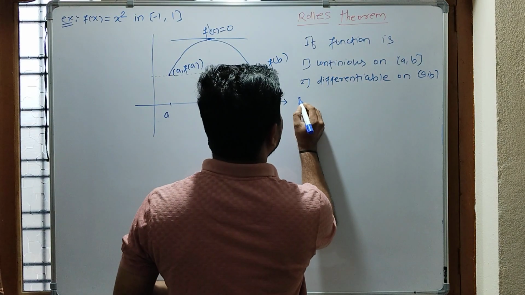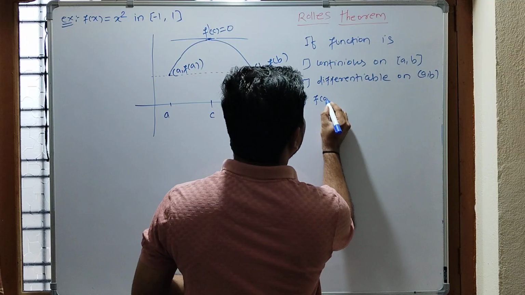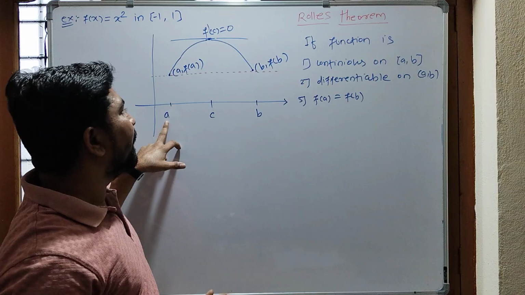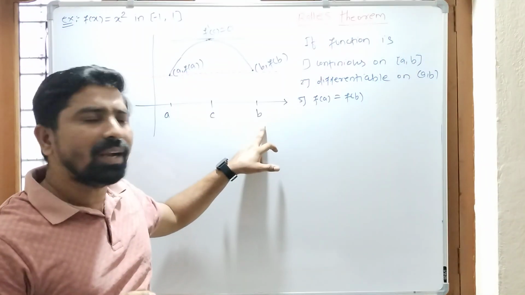And the third condition is f(a) = f(b). The function value at endpoint a is the same as the function value at endpoint b.